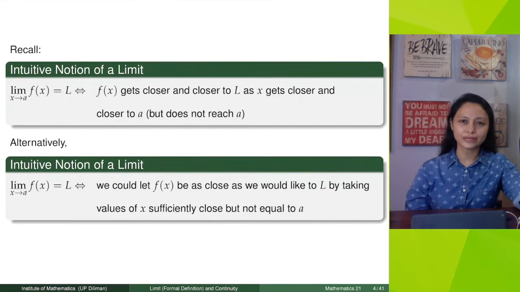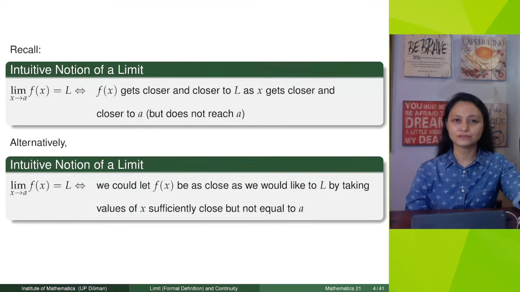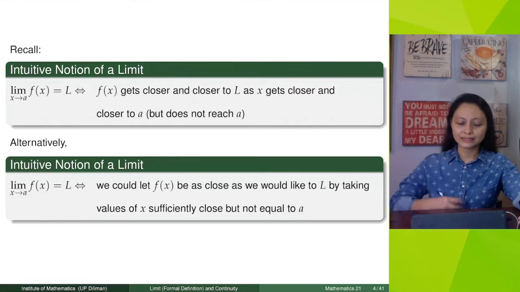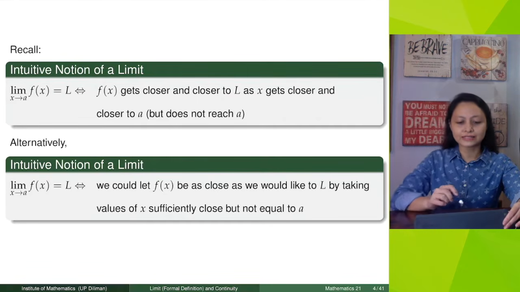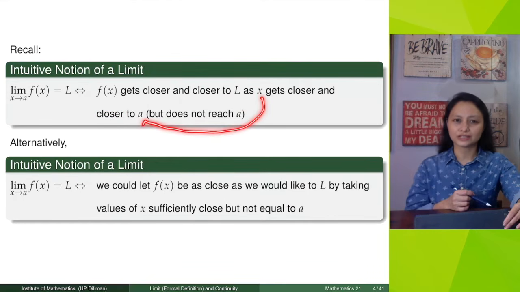Recall that so far we have only discussed the intuitive notion of a limit. That is, if the limit of f of x as x approaches a is L, then f of x gets closer and closer to L as x gets closer and closer to a but not reach a.